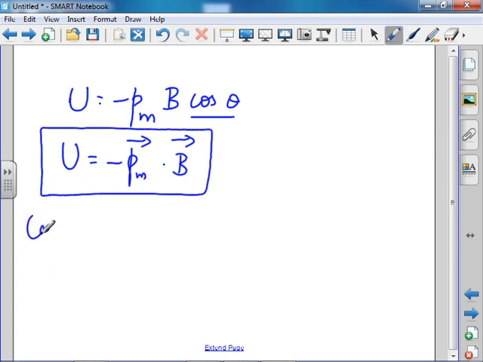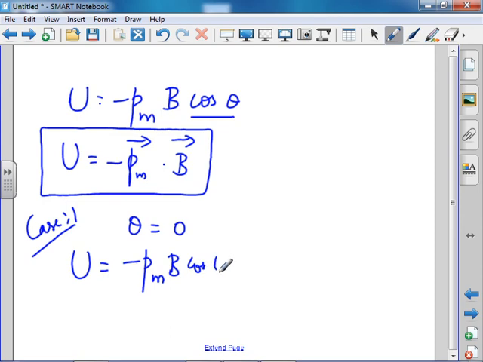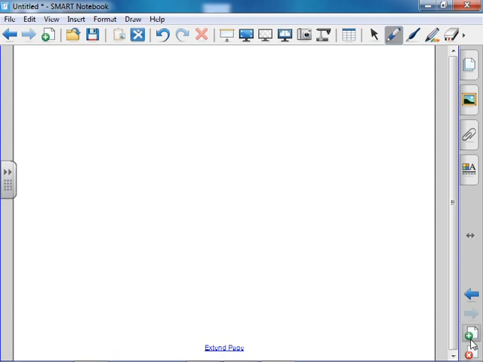Now we can apply some special cases based on the value of theta. If theta is equal to 0, what is the potential energy? U is equal to minus Pmb cos 0. What is cos 0? It is 1. So I will get minus Pmb. That is the potential energy.